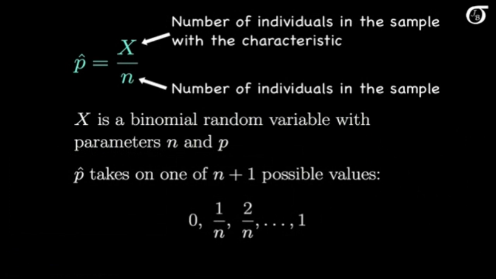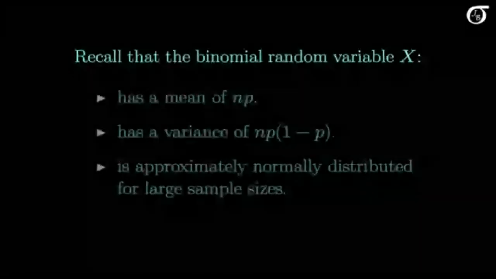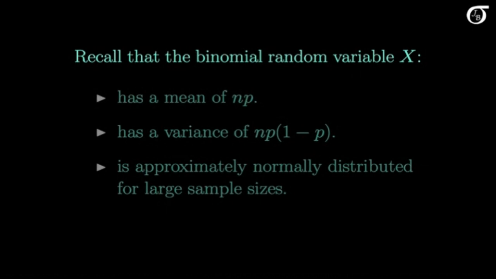The probabilities of these values will correspond to the probabilities that the binomial random variable x takes on the values 0, 1, 2, up through n. Recall that a binomial random variable x has a mean of n times p, has a variance of n times p times 1 minus p, and, due to the central limit theorem, is approximately normally distributed for large sample sizes.